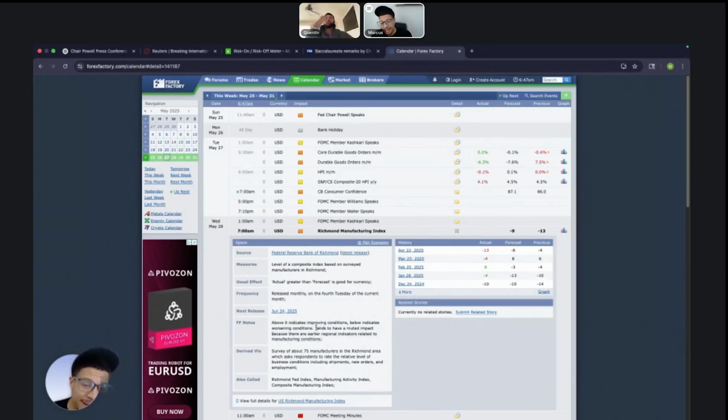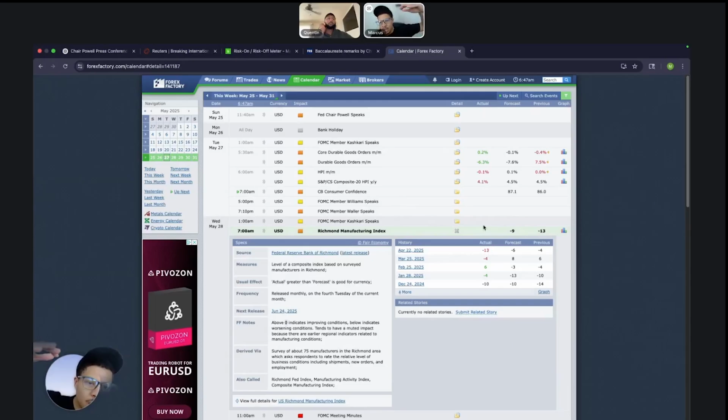I don't even care that Forex Factory is telling me that this tends to have a muted impact, because what does tends to mean? Like, how heavily is that leaning on the side of 100% of the time, right? So I would prefer to analyze it myself. But one thing we should know is that above zero indicates improving conditions, right?